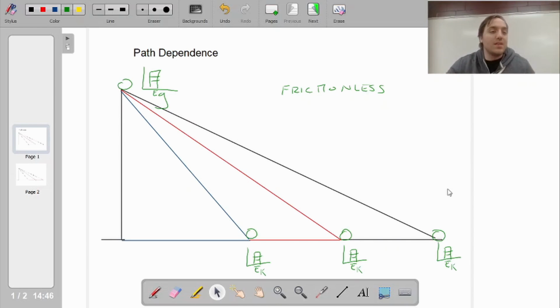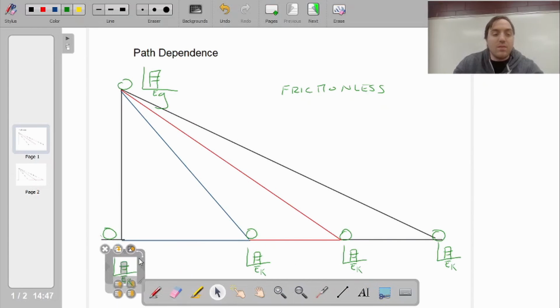What this tells you is that it doesn't matter how a ball gets to the bottom of a hill or ramp, provided there's no friction or no other forces doing work, the amount of energy transferred from Eg to other forms is always the same. In fact, I could go off the side over here, and right before I hit the ground, the amount of Ek would be the same.